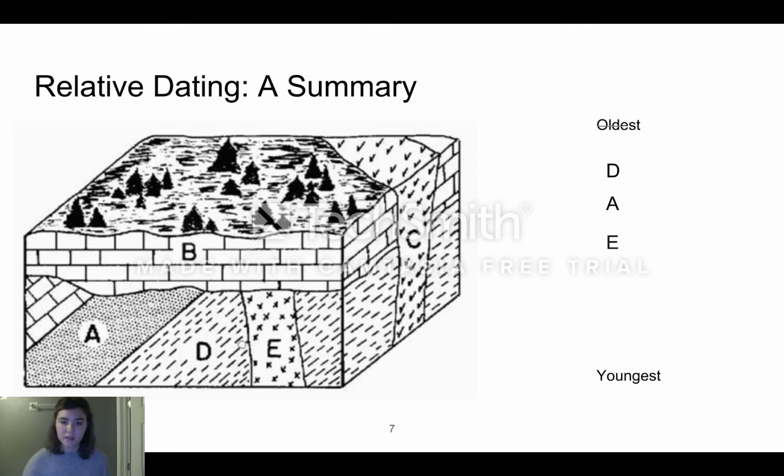So the next youngest is E. Because of the law of cross-cutting and because it only goes as far as layers D and A, we know that it is the second youngest, which means B is the next youngest because it is on top of E. And then C is the youngest because it cuts through all of the 4 layers.